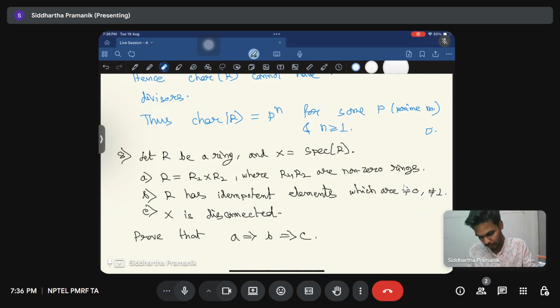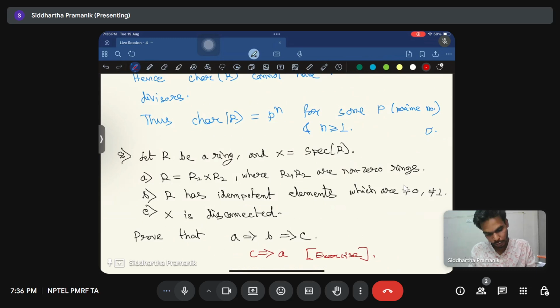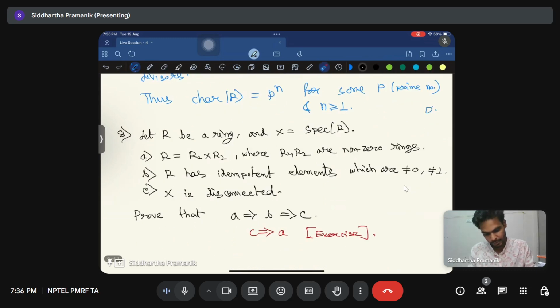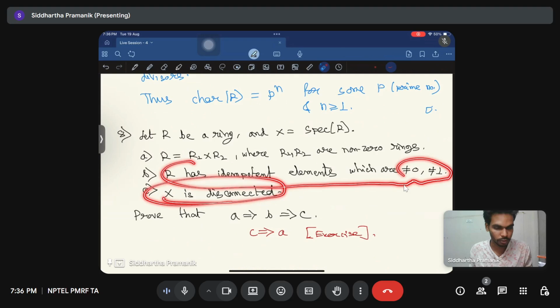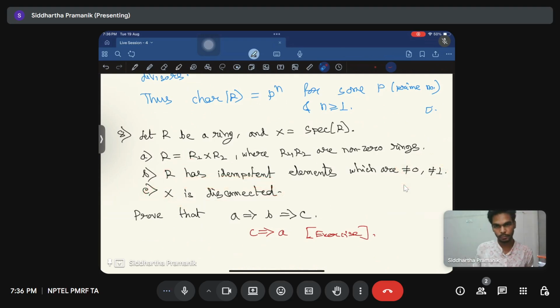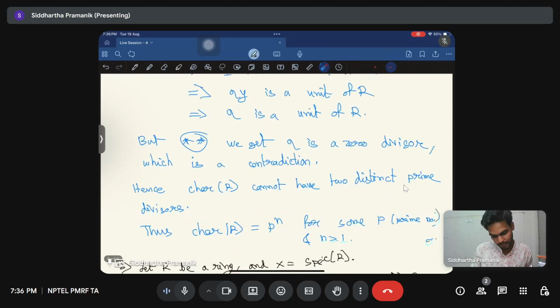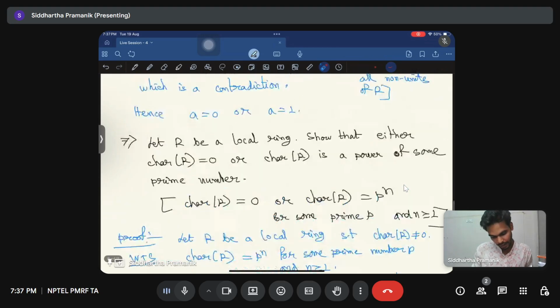So in fact, C implies A is also true. This part is an exercise. So these three are equivalent statements. If the spectrum is disconnected, then the ring has an idempotent element which is non-zero and not equal to 1. And we have seen that in a local ring, the only idempotents are 0 and 1.